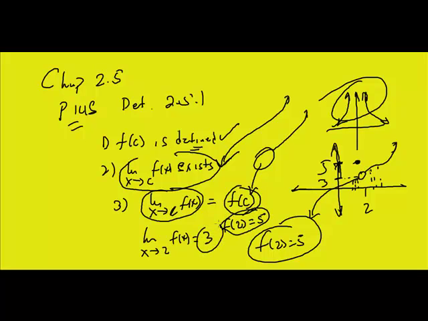So these two things don't match up. When that happens, it's discontinuous. So let's make one where we can be continuous. Let's try this one. Let's take a graph that looks like this.